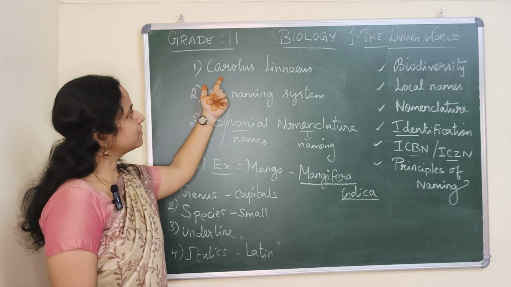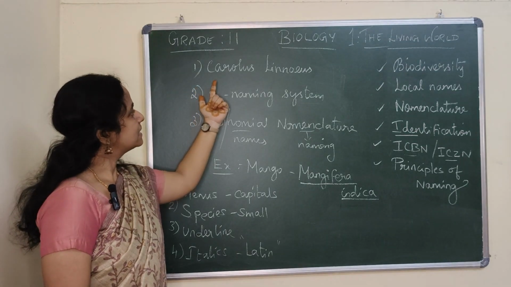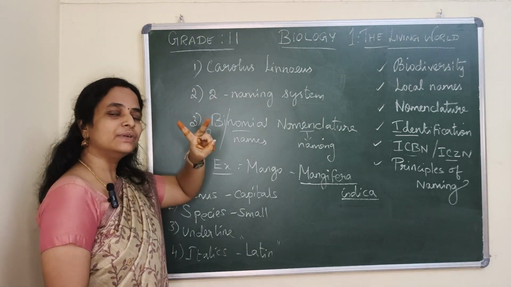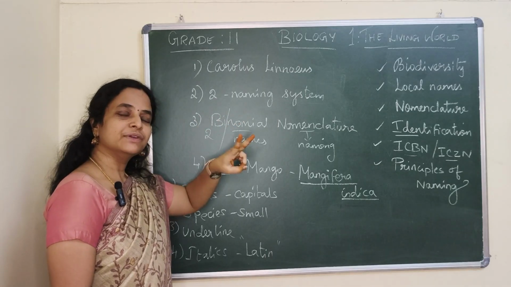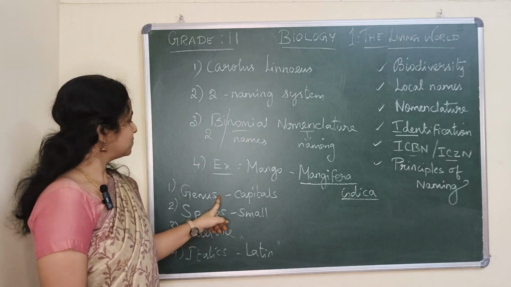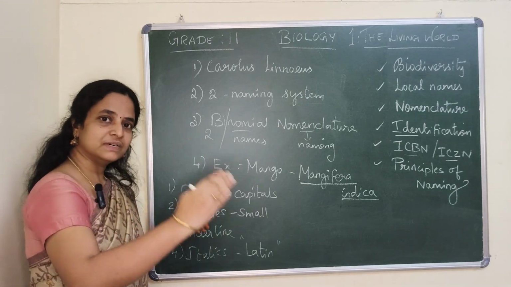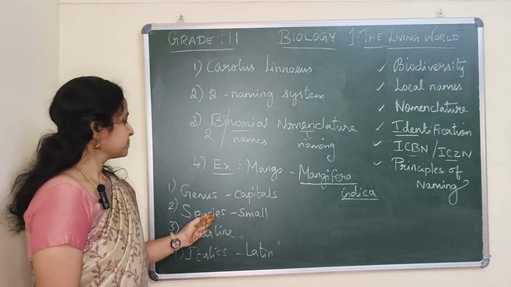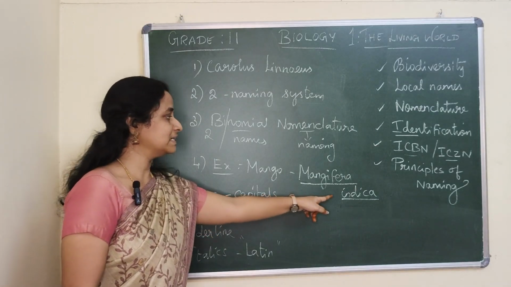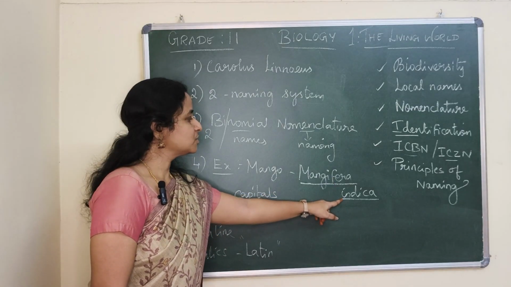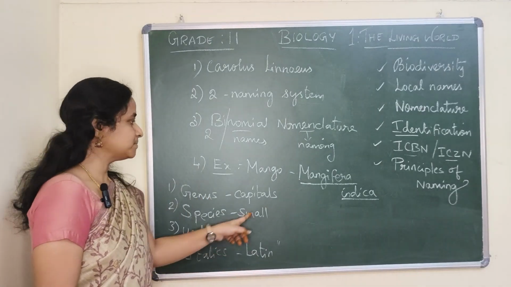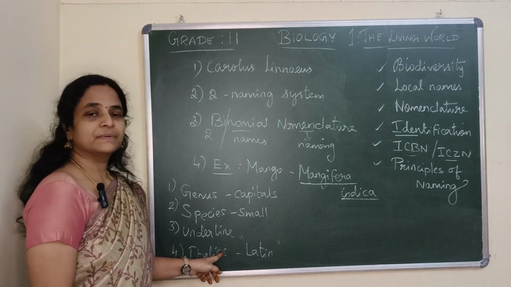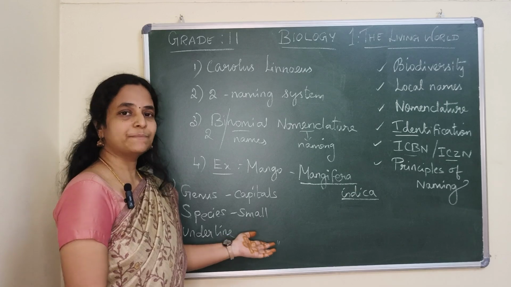So this was first developed by Carolus Linnaeus, and the biologist gave two naming system, which means every living form will have two names. One is a genus, which comes first and it should be written in capitals. The second name is species, which is the second name, which should be written in small, and both the names should be underlined and it should be written in italics if it is printed.